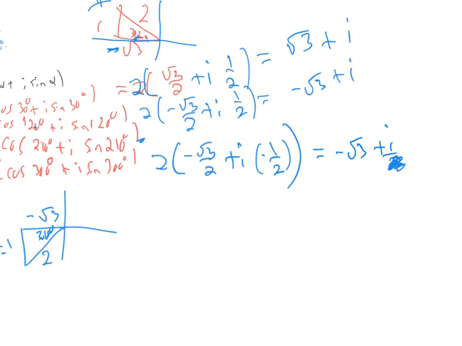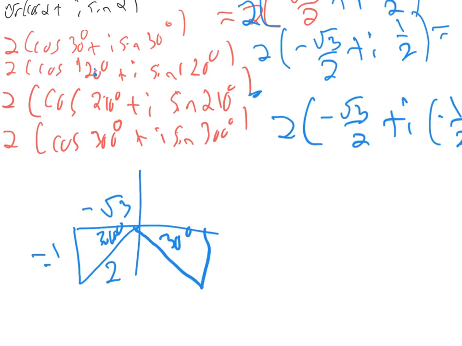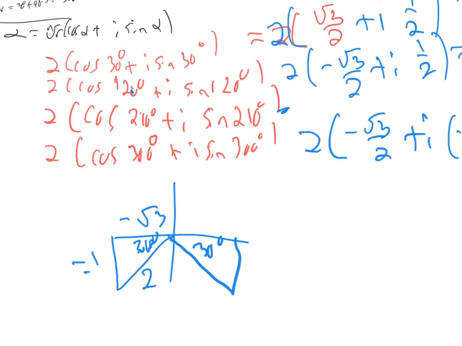Last one. I'm in the 300 degrees. This is over here. This is still a reference angle of 30. Am I wrong in all my angles? 30. 120. Yeah, it's a 300.